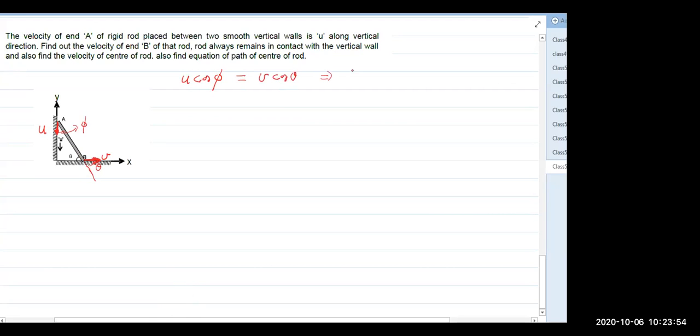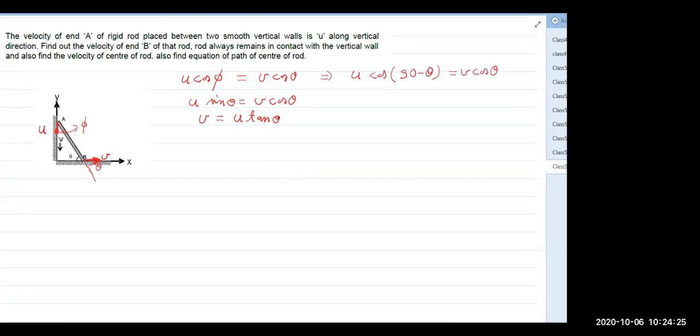So this will be u sin theta equal to V cos theta. So V is u tan theta. So this much we are getting. This is the velocity of end B.